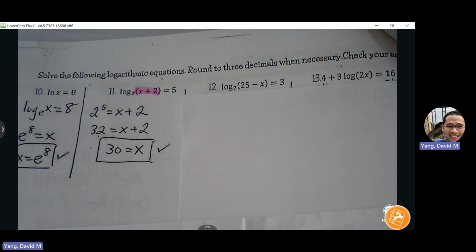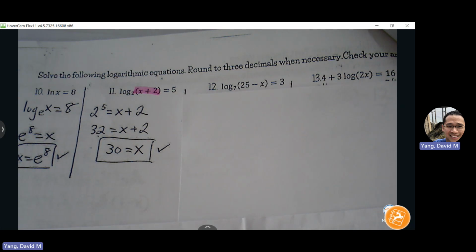Okay, 13. We do want to solve for x. X is stuck inside the log expression. We do want to convert to exponential form, but there's a few things we should do first. Let's get the 16, the 4, and the 3 to somehow come together as one term before we convert into exponential form.